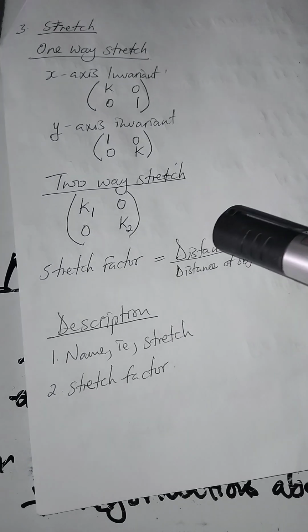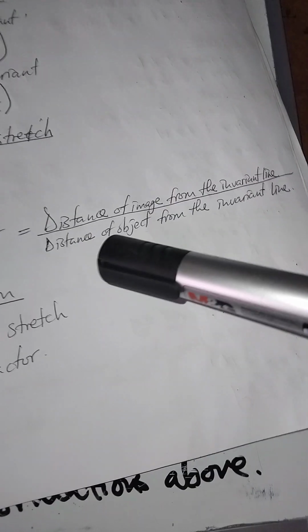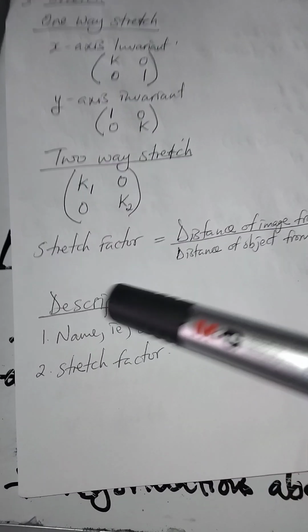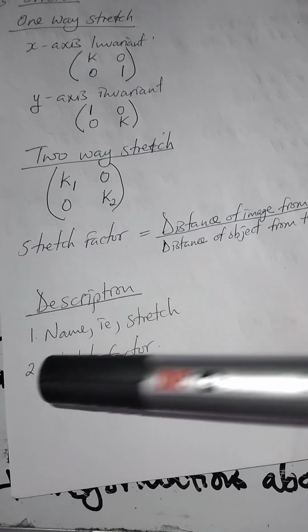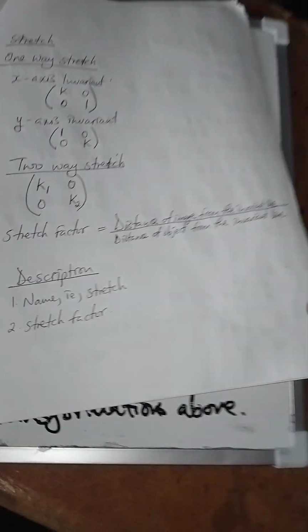So stretch factor is the distance of the image from the invariant line over the distance of the object from the invariant line. Description, name is stretch. Then number 2, stretch factor. So those are the descriptions.